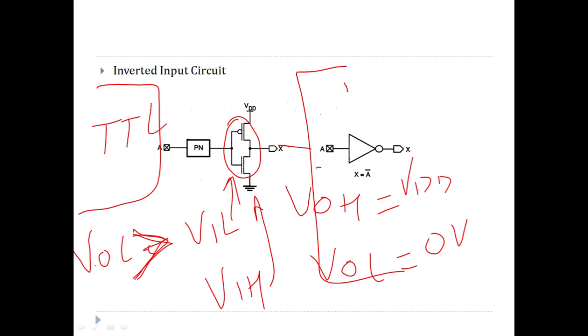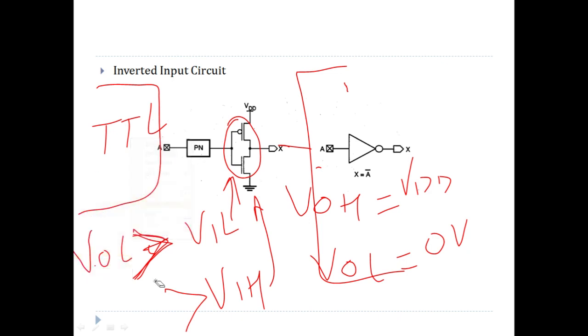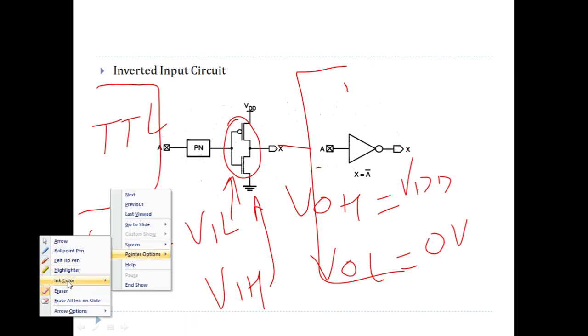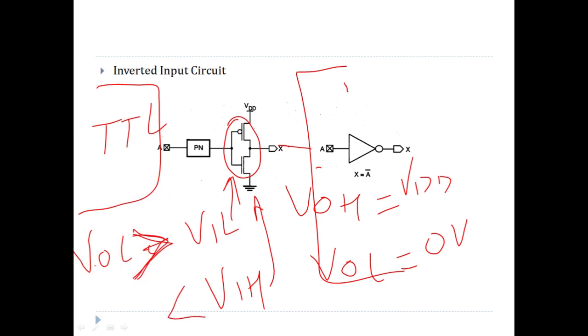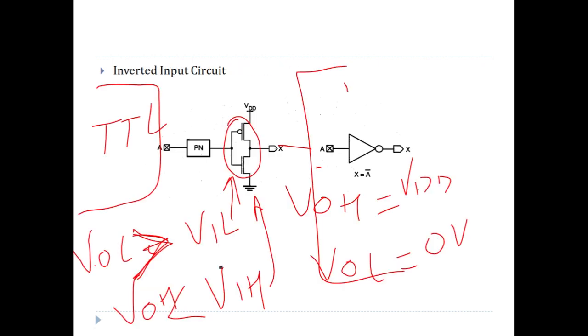And VIH of this inverter should be greater than VOH of this circuit, right? So that's basically the idea, and this can be done by adjusting the W by L ratio of these PMOS and NMOS.